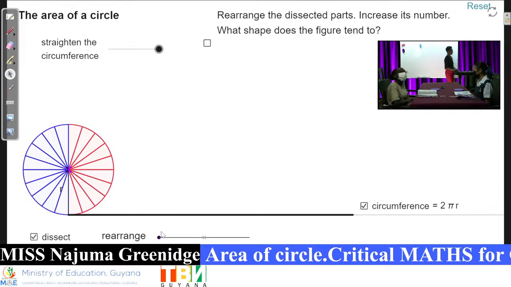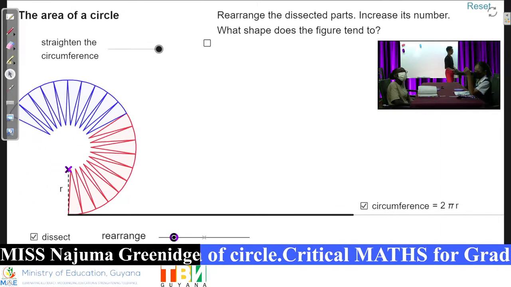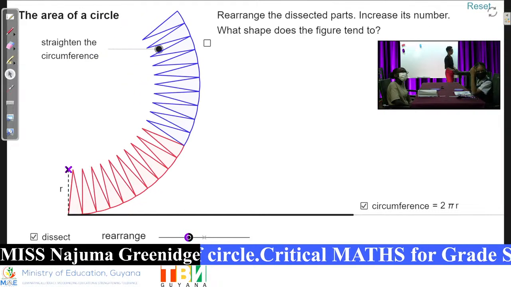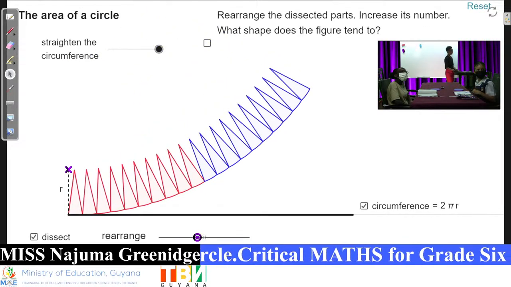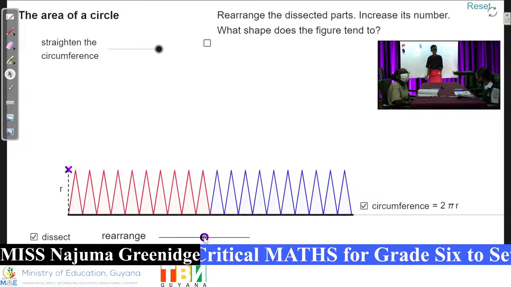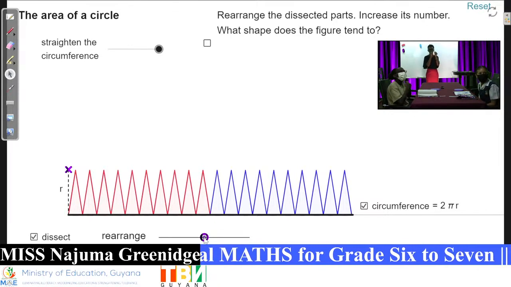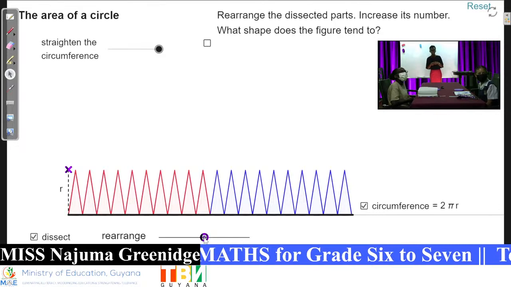Let's examine what's going to happen with the circumference. See, it's almost there, right? So it's almost as though the circumference is stretching out. So you're seeing less and less of the curvature.